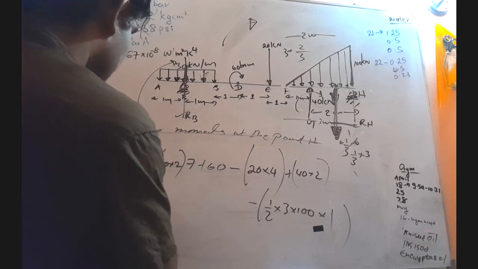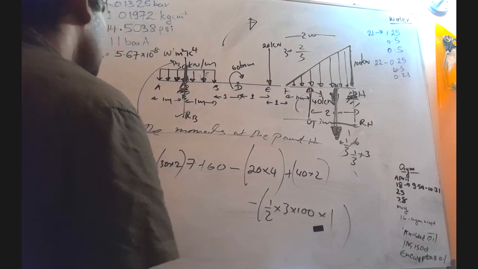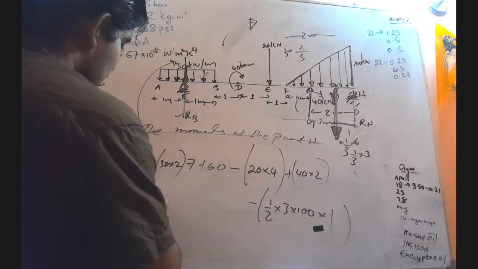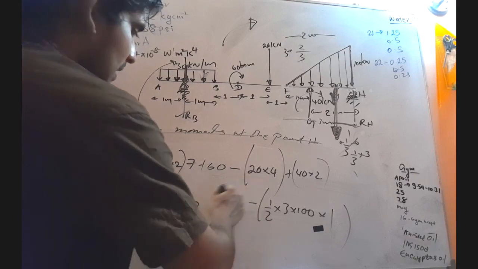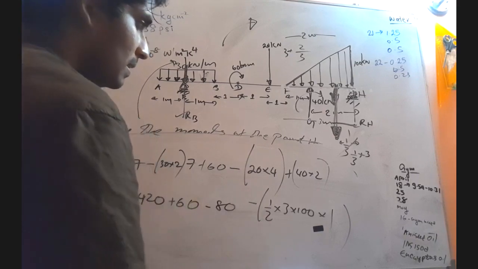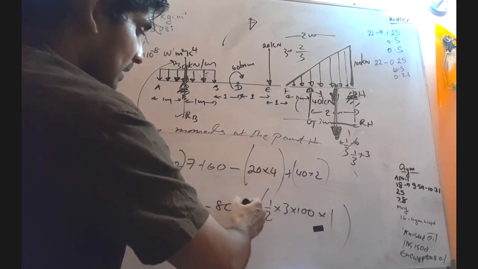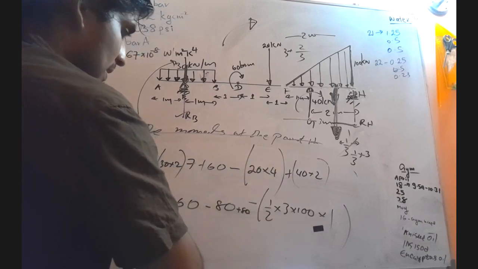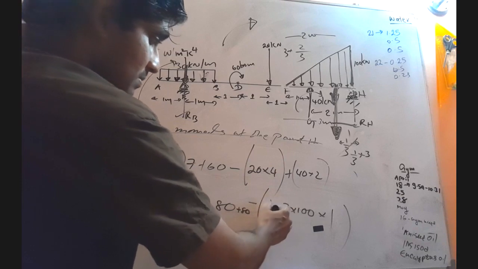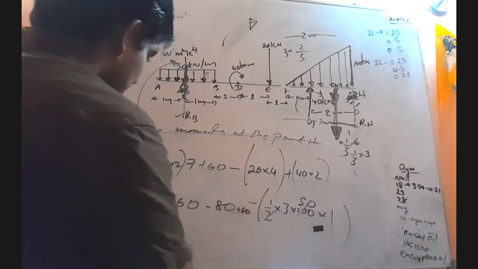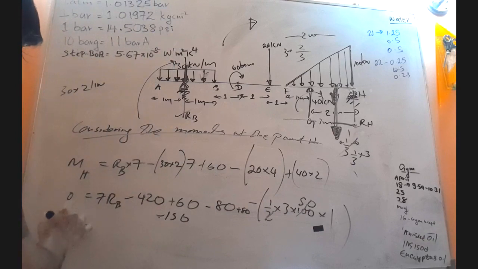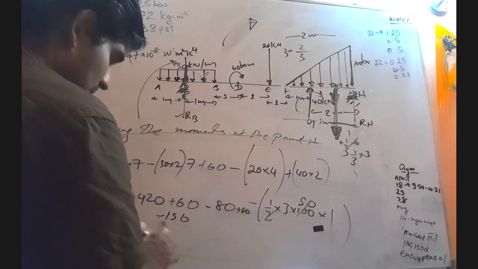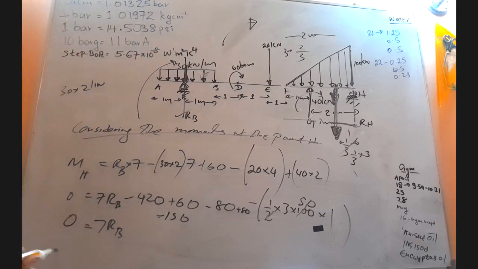Then minus 30 into 2 into 7, then 60, 420, positive 60, minus 80, again positive 80, then minus half into this means half, 50, minus 150. So then 0 equals 7 times RB. We'll keep minus separately.